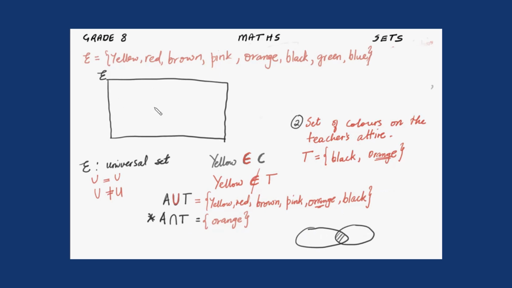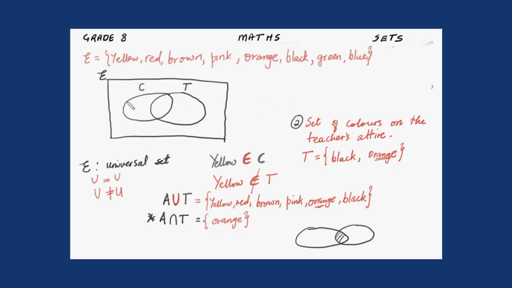So we'll draw them in here because we know that all the sets must be inside the universal set. And now it looks like our sets are intersecting. So we have drawn them overlapping, and we are going to say this is set C and this is set T.